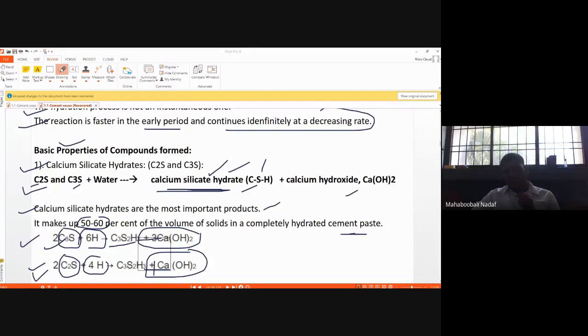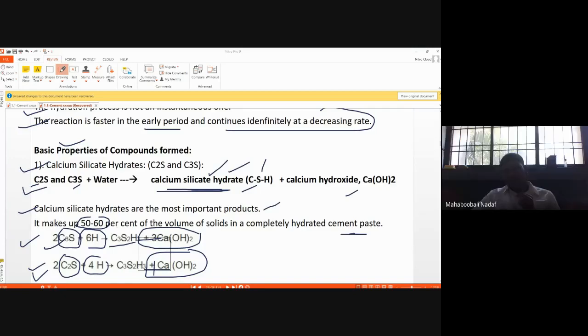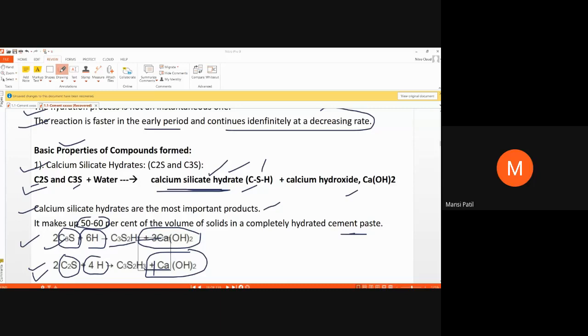Okay. Mansi Patil, can you add one more point here? Yes, sir. It gives more productive material than C3S. Another thing is there. Have you noticed?